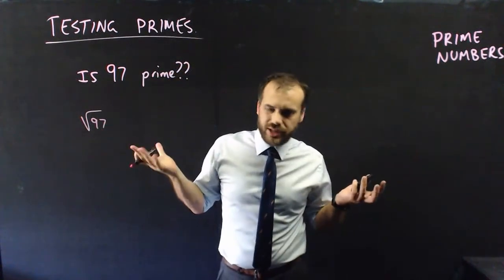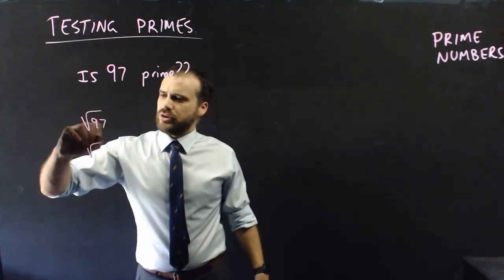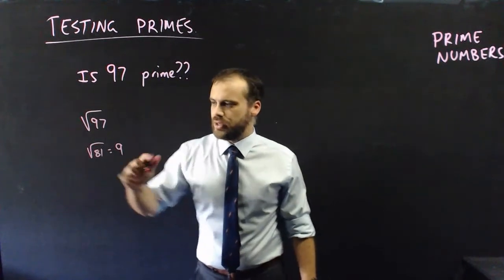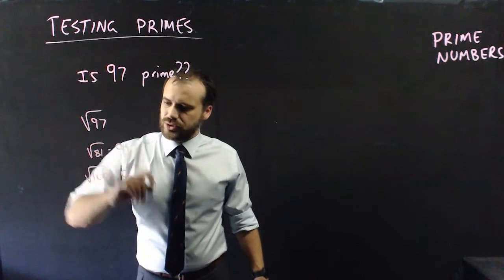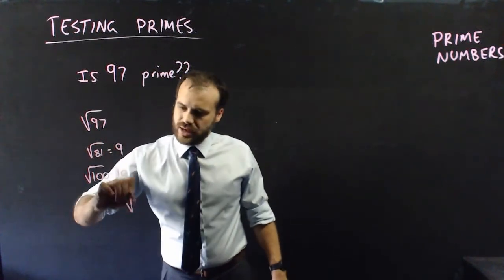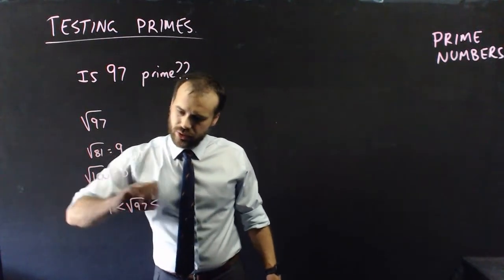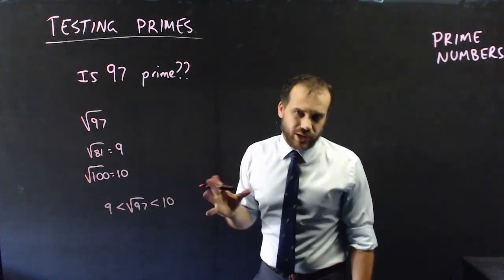Now I don't have a calculator on me, but I do know that the square root of 81 is equal to 9. 9 times 9 is 81. And I do know that the square root of 100 is equal to 10. That means that the square root of 97 would be somewhere between 9 and 10. I don't know. It's probably 9.9 or something.